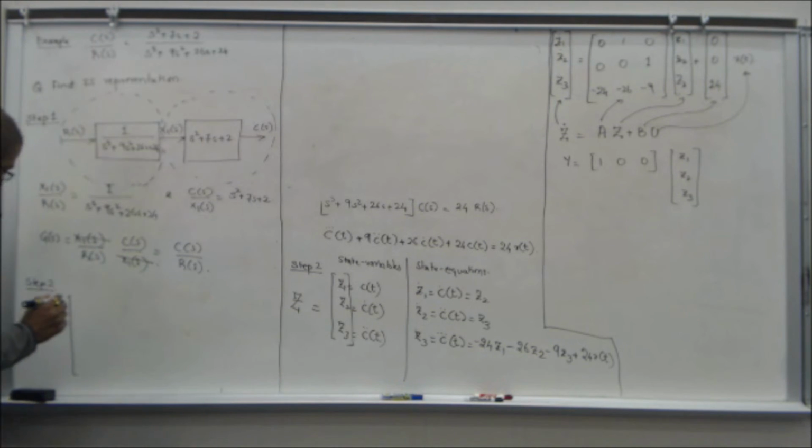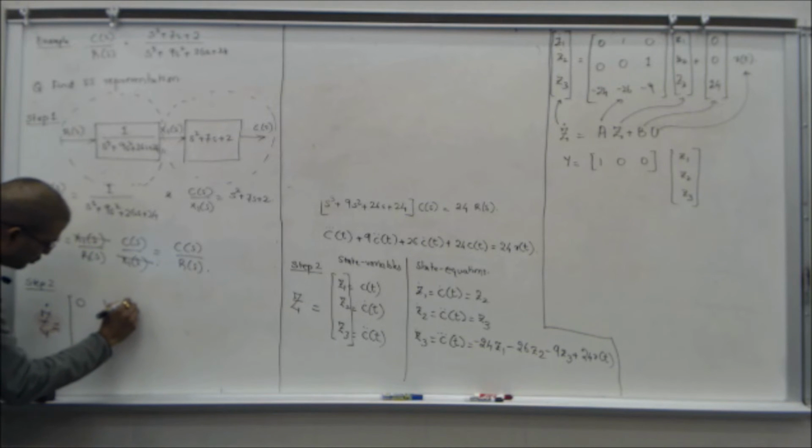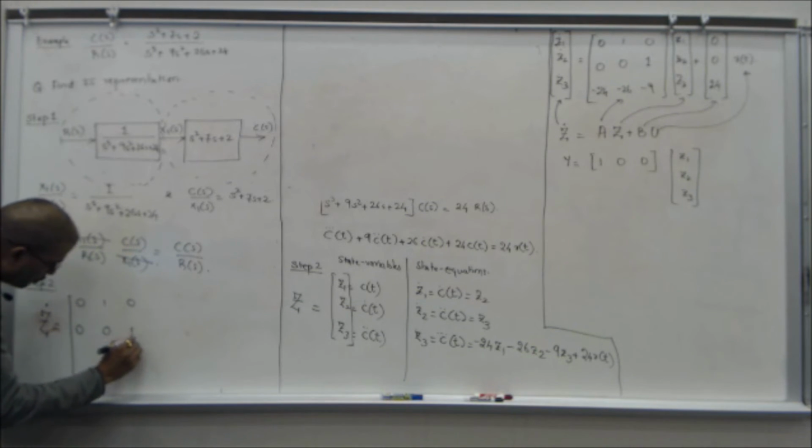Okay. So your z would be again simply 0 z dot, 1 0 0 0 1.